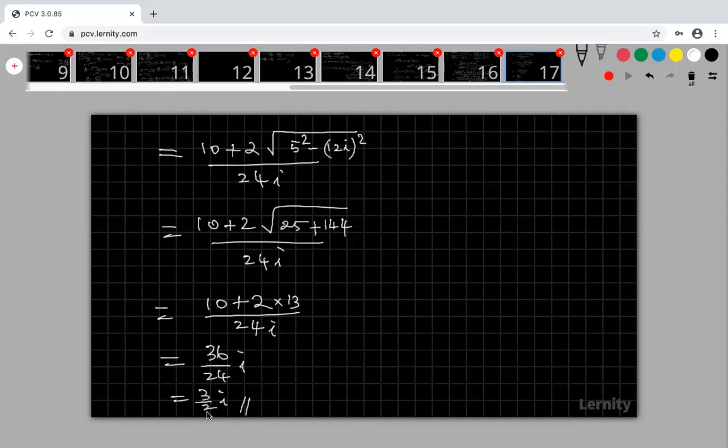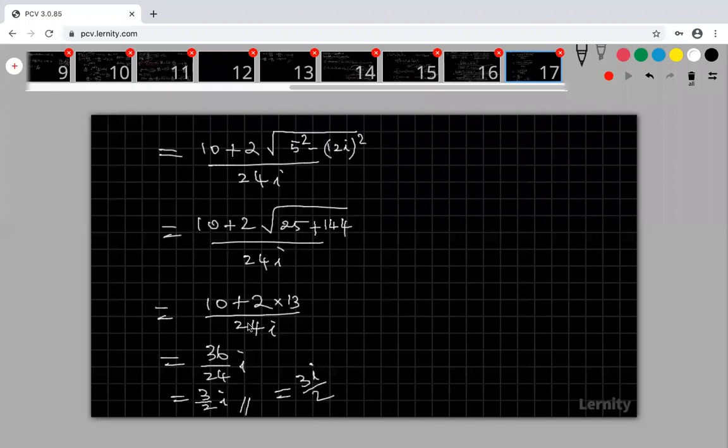This one, am I right? 3 by 2i. So look at that. Here my i is in the numerator only, not denominator. If it is coming in denominator, you can take a conjugate. Pavan, my imaginary part is in numerator only, not in denominator.